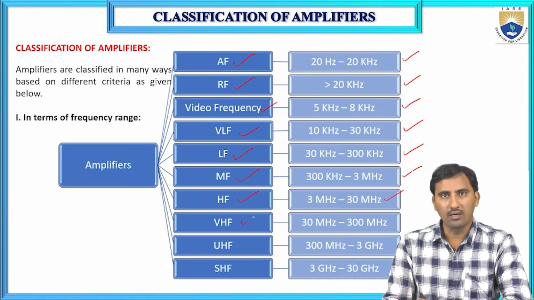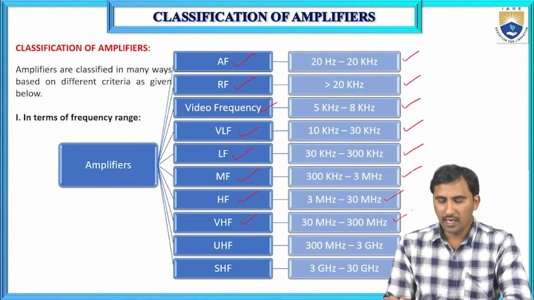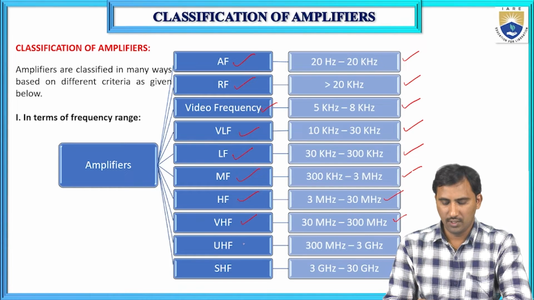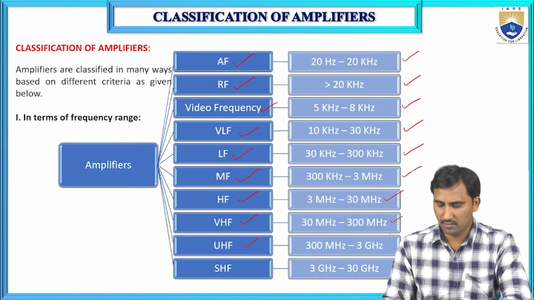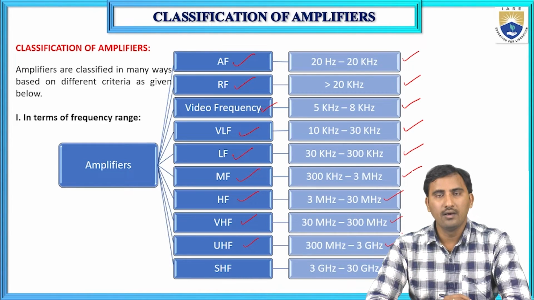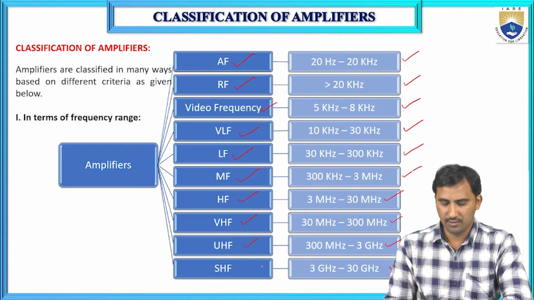Next, very high frequency, 30 MHz to 300 MHz. And next, ultra high frequency, whose range is 300 MHz to 3 GHz. Finally, super high frequency is from 3 GHz to 30 GHz.